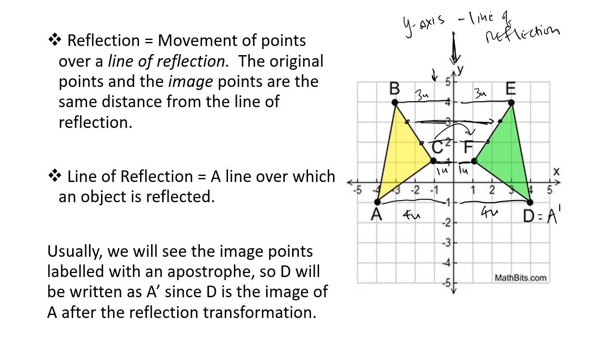So this A becomes this A with an apostrophe, and then this B would come over here and be this B with an apostrophe. So we could give these different names, and this helps a lot of times with students to see that A goes to A prime, B goes to B prime, C goes to C prime, that they match up in this way. It keeps the consistency a little bit easier for some students.